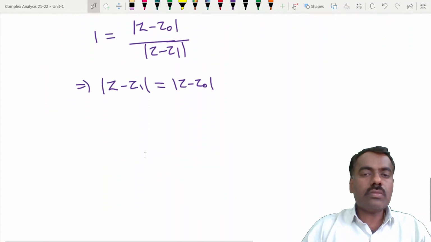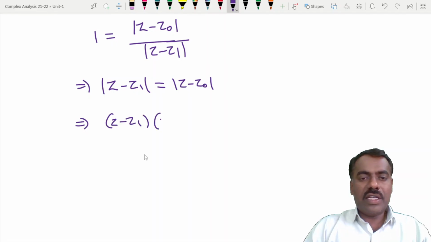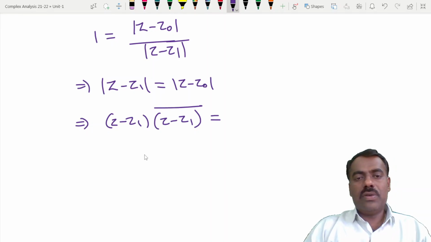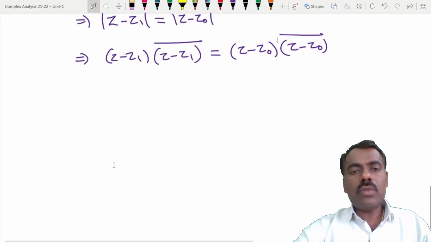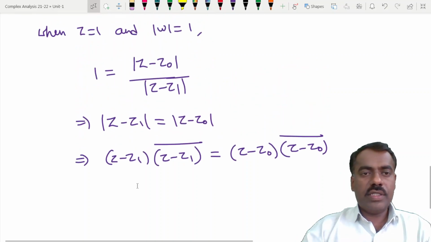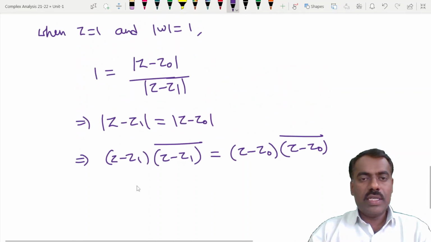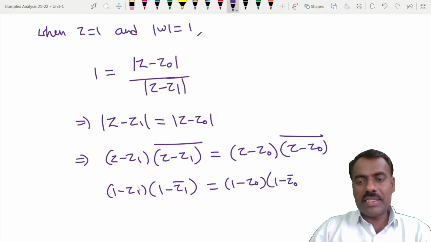This implies Z minus Z1 into Z minus Z1 bar is equal to Z minus Z0 into Z minus Z0 bar. Here Z is 1, so 1 minus Z1 into 1 minus Z1 bar is equal to 1 minus Z0 into 1 minus Z0 bar.